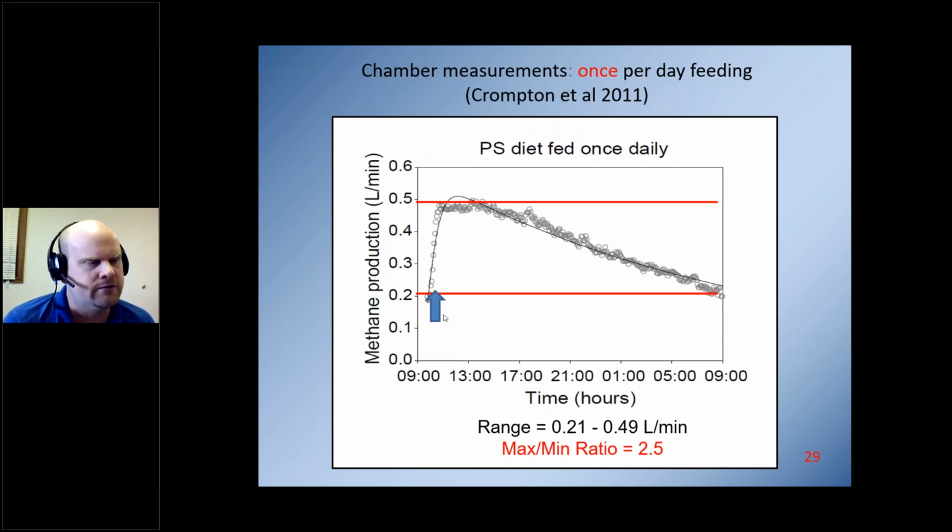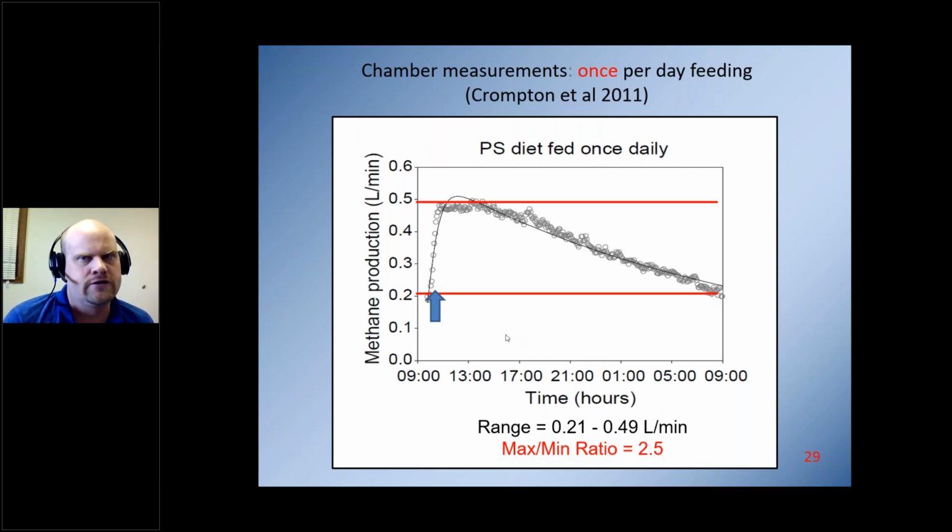If the animals are fed once a day, of course, when they're fed, the microbes start breaking down the material relatively quickly. That depends on diet quality and so forth, but methane will go up and be maintained, and then methane production rates will decay until the next time the animal eats. So they eat feed, methane emissions go up, related to the feed type and how much they eat, and then they always decay until the next visit.